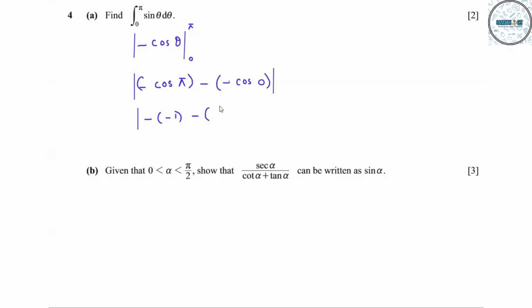Then minus cos 0 is minus 1. Minus multiplied by minus will be plus 1. So 1 plus 1 is equal to 2. You must know the values of cos at pi, 0, 2 pi, and pi upon 2.